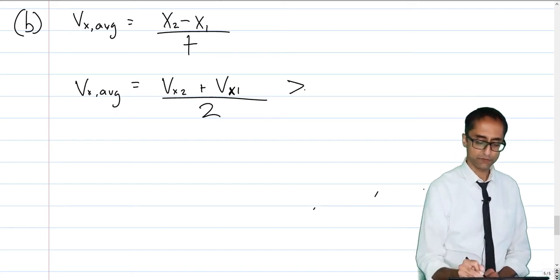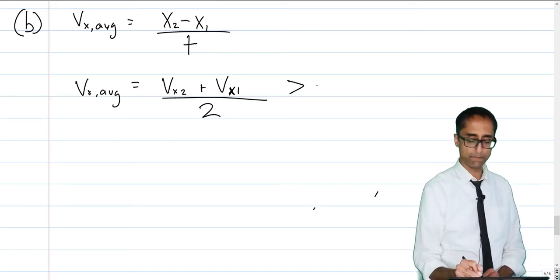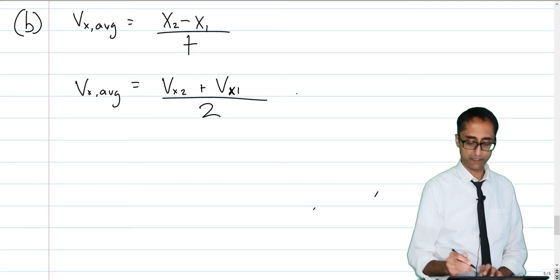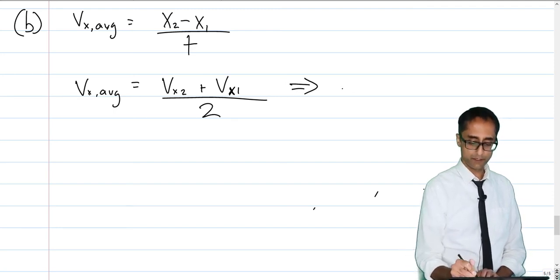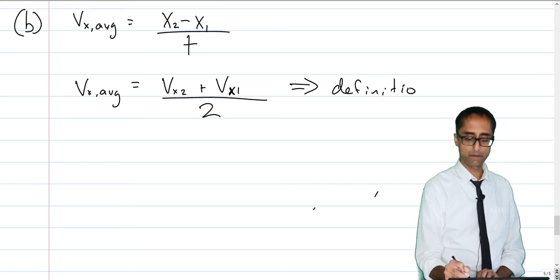And so just for our notes where this came from, let's make it an arrow. So this is the definition of the average of two numbers.